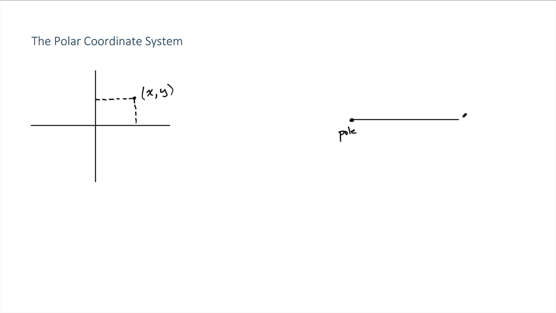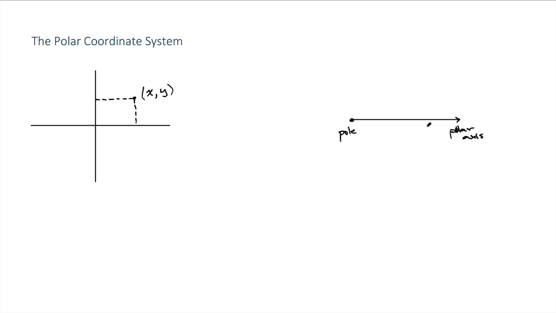This is called the polar axis. And you'll notice that the polar axis is a ray coming from the pole, with the pole at the initial point of the ray, and then moving to the right, corresponding to the positive x-axis.